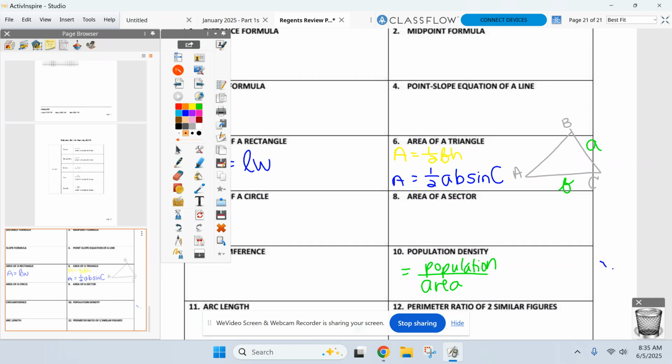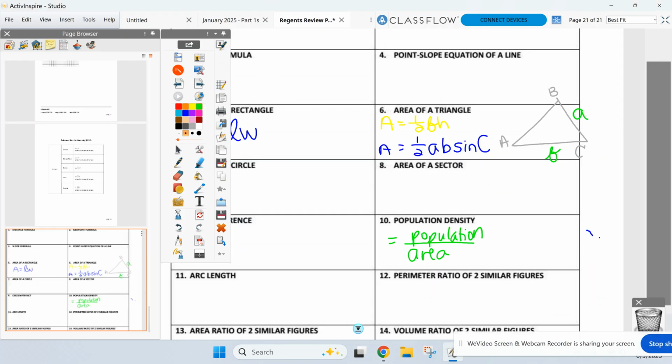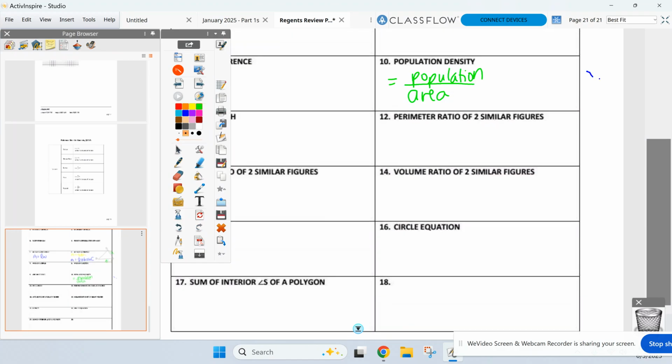We got some 12, 13, 14 to do too. The perimeter, area, and volume ratios. Let me start off with this. To know anything on 12, 13, 14, to even start, you need to know what S1 over S2 is. Just to make a little note on the side here, S1 over S2 is the side ratio.